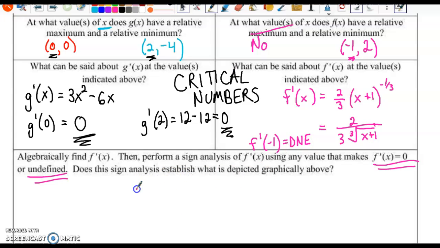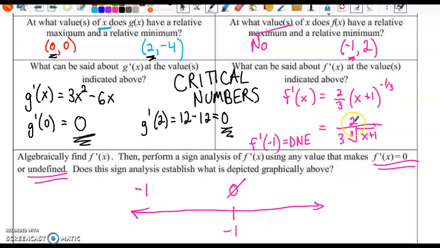And what I want to see from your sign analysis is what we've practiced before. So if we were to plug in, say, a -1 for x right here, we'd be dividing by 0, so it'd be undefined.